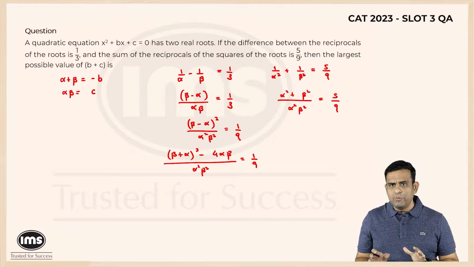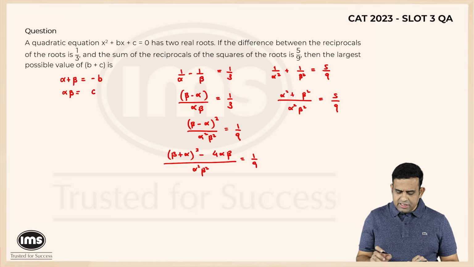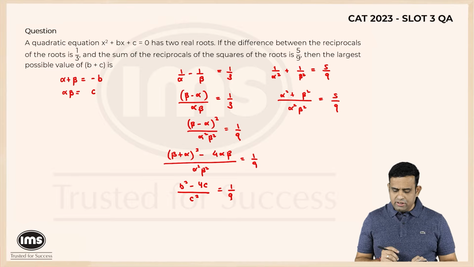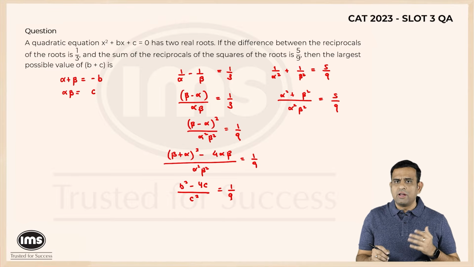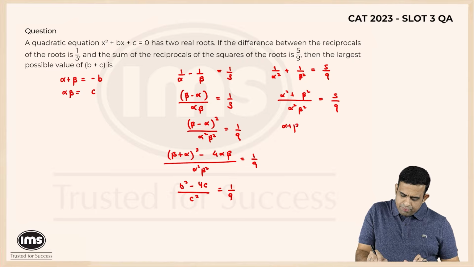If I put everything in terms of b and c, this becomes b square minus 4c upon c square is 1 by 9, one of the equations. This other part, alpha square plus beta square, I can write as alpha plus beta whole square minus 2 alpha beta upon alpha square beta square equals 5 by 9.